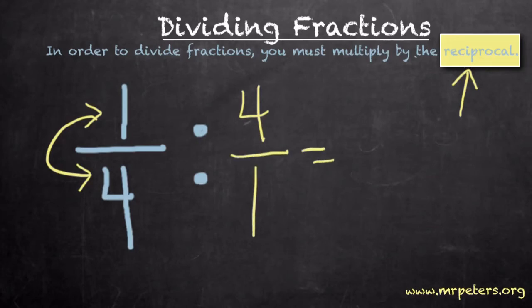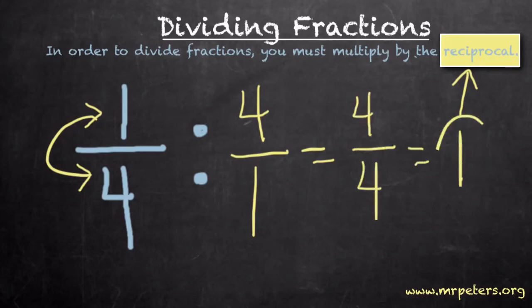Watch what happens when we multiply them. 1 times 4 is 4, 4 times 1 is 4, 4 over 4 is 1. So whenever you multiply a reciprocal by the original fraction, you're going to get 1. Again, to make a reciprocal, you just flip the numerator and denominator. Why is that important? Well, I'm going to show you.